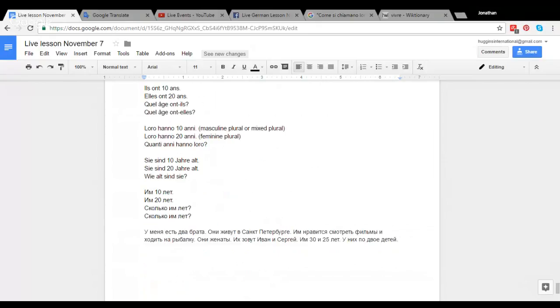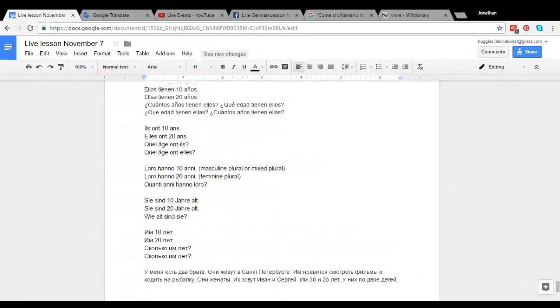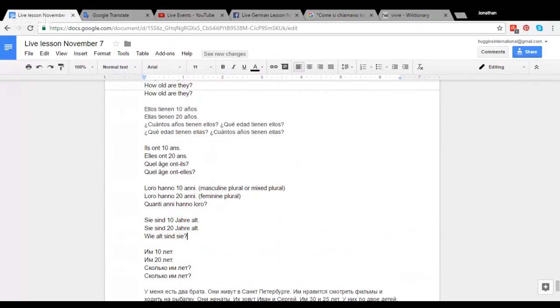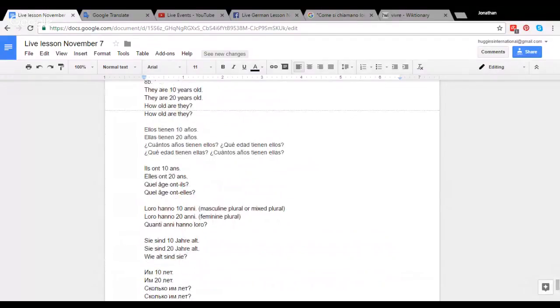Sie haben, sie sind 12 und 10 Jahre alt." They are 12 and 10 years old. "Sie spielen gerne." They like to play with Legos. And yeah, "das ist alles."